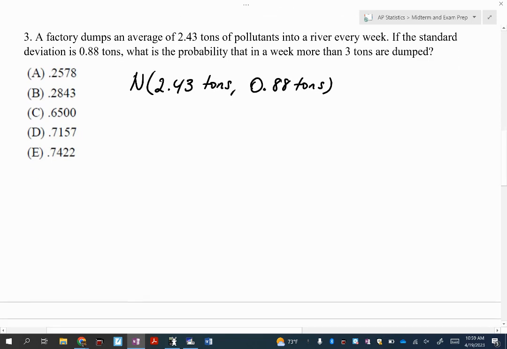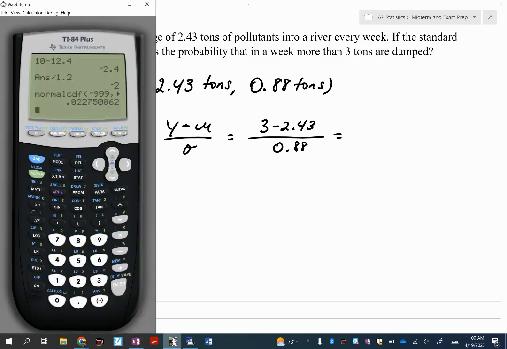So this is actually a very similar problem to what we just did. We're trying to standardize 3, more than 3 tons. So 3 minus 2.43 over sigma of 0.88.